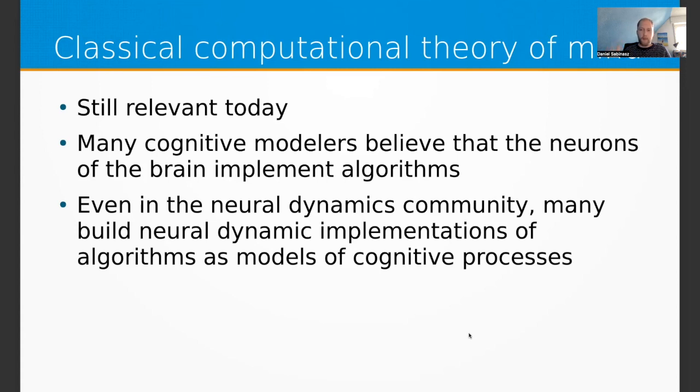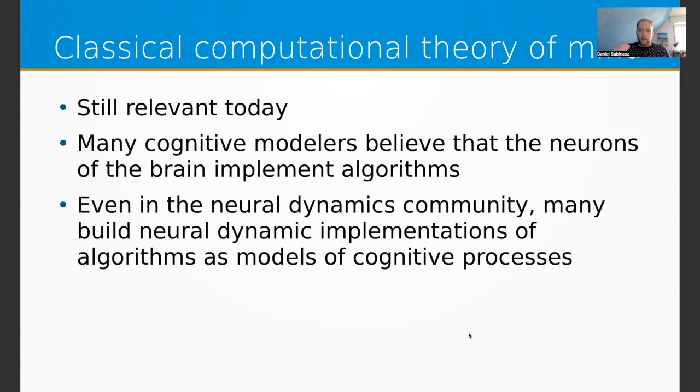So what makes it relevant is to look at this theory and to look exactly at where this theory is wrong, and why, and what alternative proposals can be made which can account for the same kind of cognitive flexibility while being more biologically plausible. Even in the neurodynamics community, there are people who think that this is a sort of high-level description of how the mind works, and the neurons or the neural networks of the brain essentially just implement these algorithms somehow.